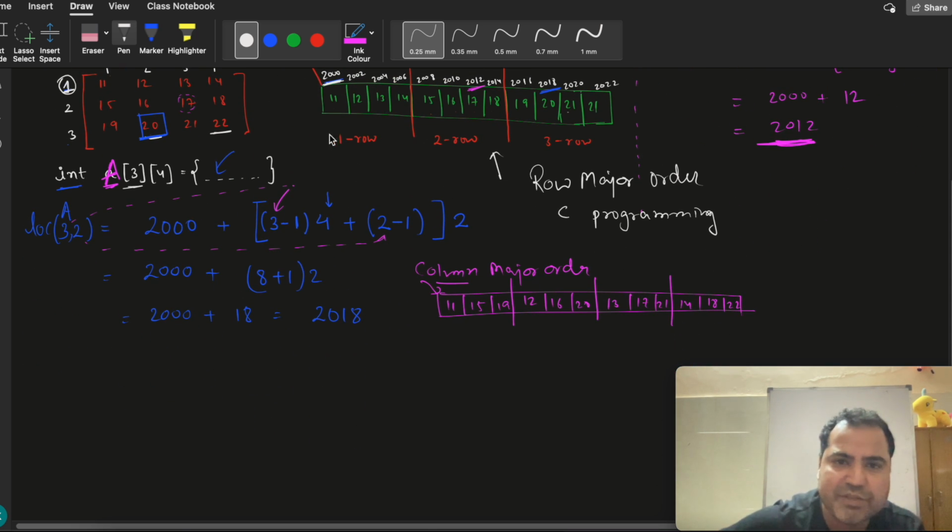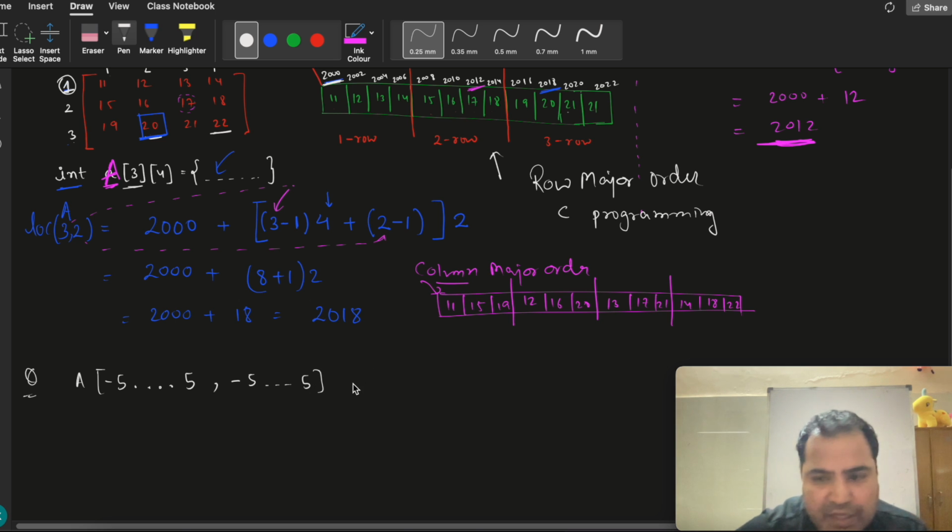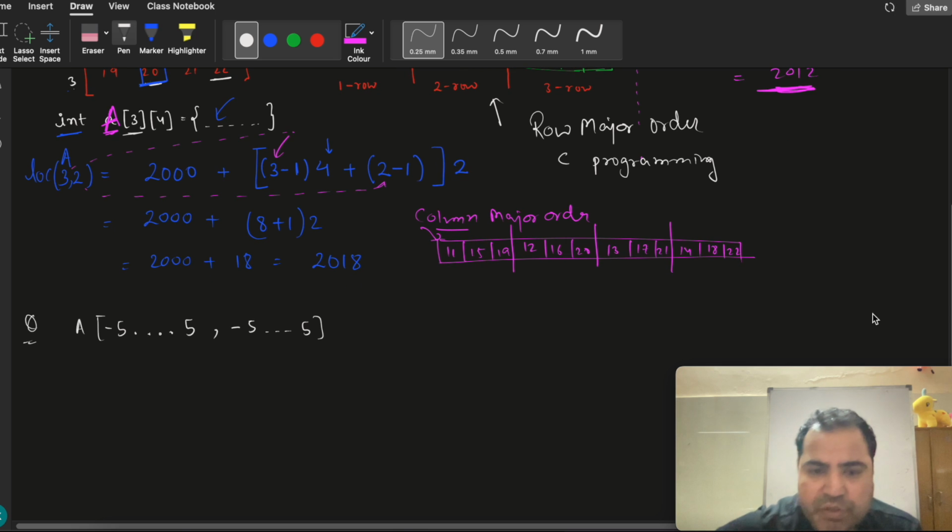The question is: your array is given from minus 5 to 5, meaning the row numbers start from minus 5 to 5, not 1 to 3, and the column numbers also run from minus 5 to 5. Suppose the array is stored in memory in row major order.